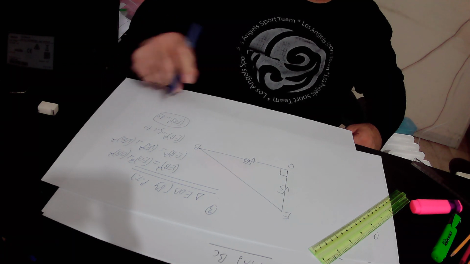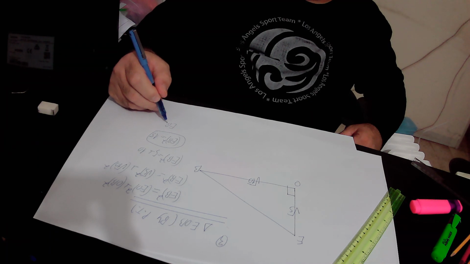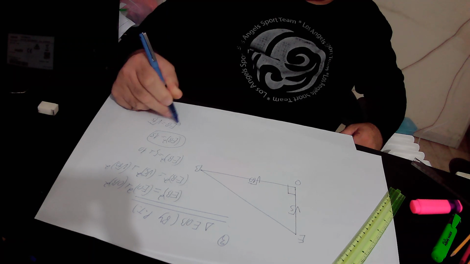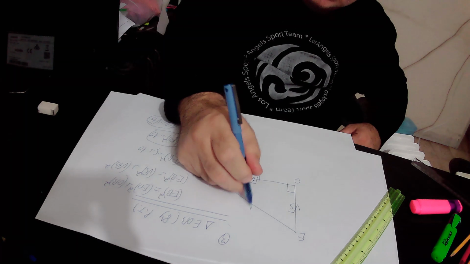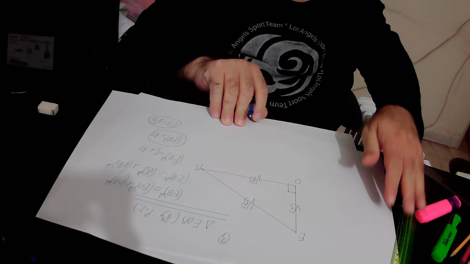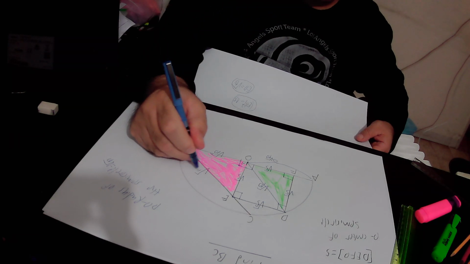Here we take the square root of this equation and we find out that EB, that is the hypotenuse, equals the square root of 15 units. You can write down in the original drawing that EB equals the square root of 15 units.